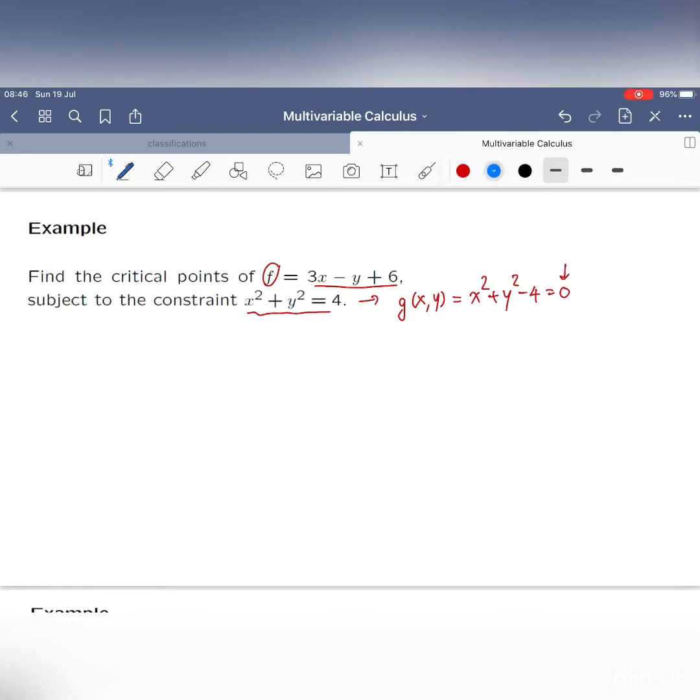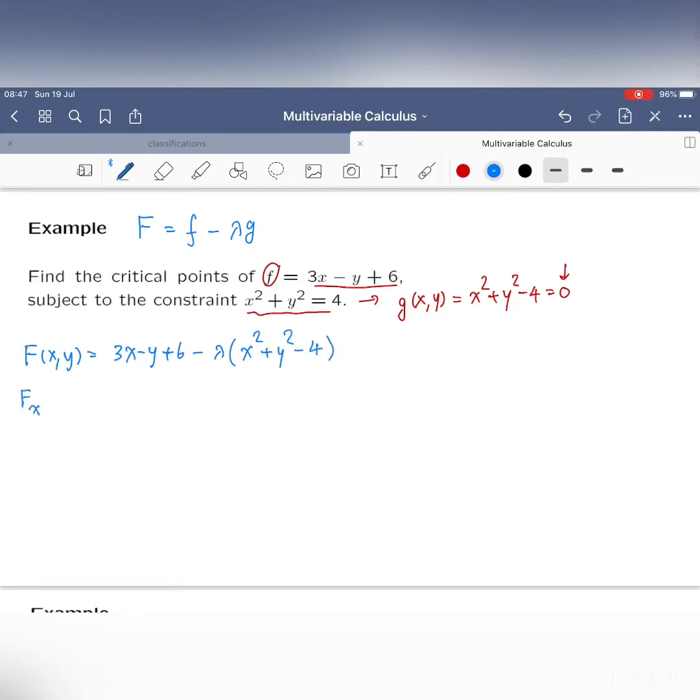So again, just recall that a capital F is a small f minus lambda g. So it means that your capital F is 3x minus y plus 6 minus lambda times g, where g is x squared plus y squared minus 4.